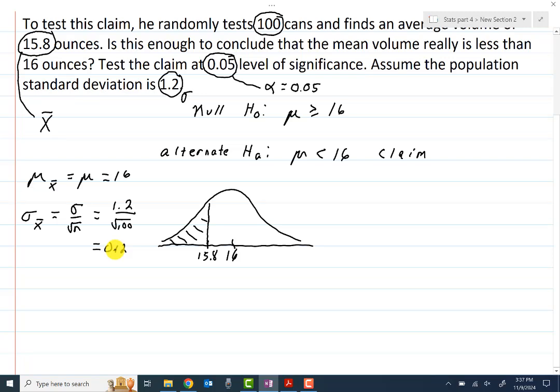Now let's get our z-score. Remember, it looks like x bar minus mu of x bar, divided by sigma of x bar.